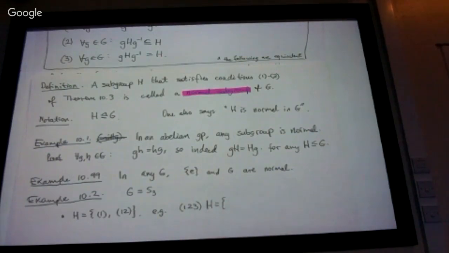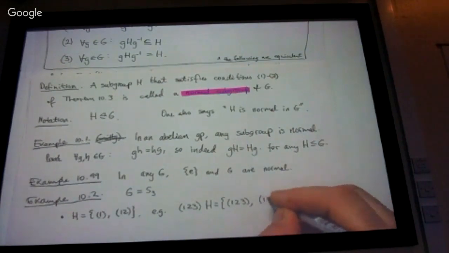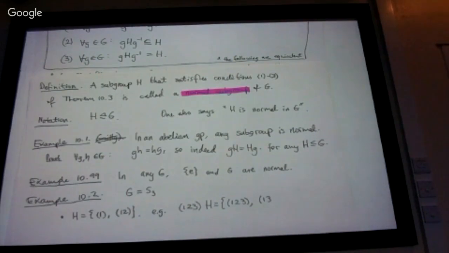If I take the three-cycle (1 2 3), what is (1 2 3) times H? What's the coset? (1 2 3) times the identity is (1 2 3). And (1 2 3) composed with (1 2): 1 goes to 2, goes to 3, so 1 goes to 3; 3 goes to 1; and 2 goes to 2.